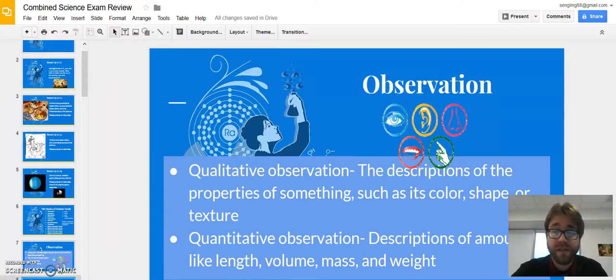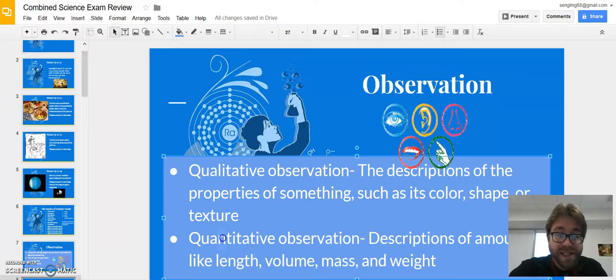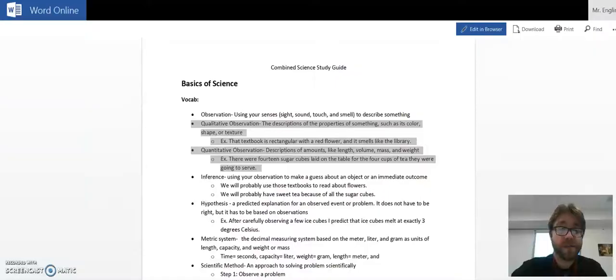So qualitative is describing any shape or color. Quantitative, on the other hand, describes amounts. How much? It can describe the length, the volume, how heavy something is. When you think quantitative, look at this N. N for numbers. So when you see quantitative, think number, think how much.